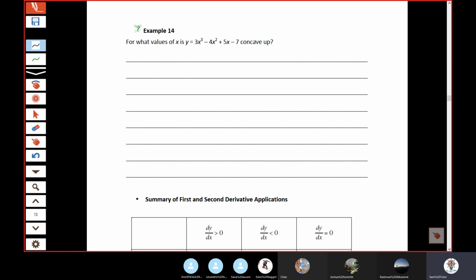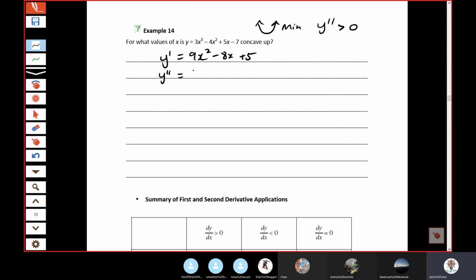All right, this one. For what values of x is y concave up? So what's the key word there now? Yeah, the fact that it's concave up. So concave up means it's a min, which means y double dash is greater than 0. There we go. So now you know how you're meant to start. Y dash 9x squared minus 8x plus 5.